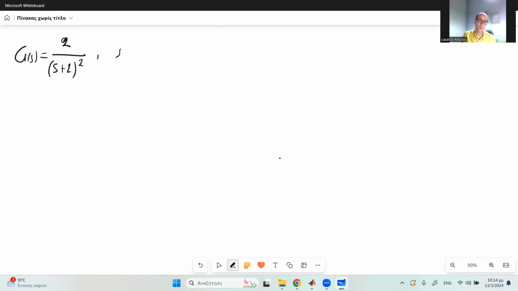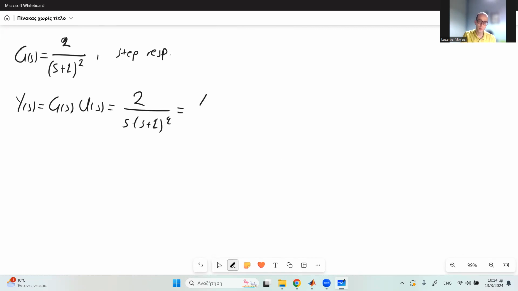And I'm looking for a step response again. So I'm going to perform the exact same thing in order to find the solution and multiply G(s) by the input. So I'm going to end up with 2 over s times (s plus 1) squared.